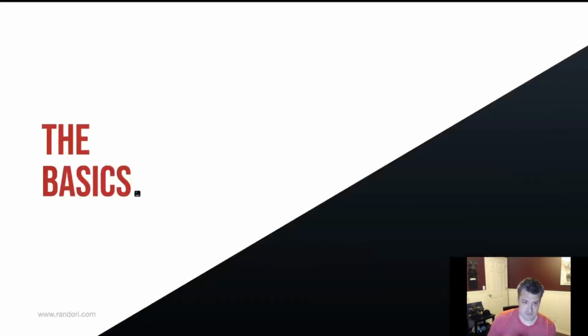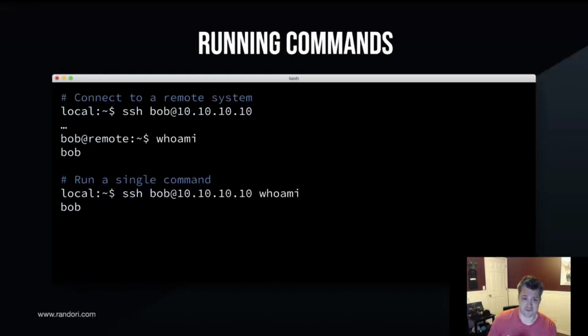Now let's go over some of the basics, or how you use SSH. The first example here is how I use SSH to just connect to a remote system. So let's say I have Bob's password, or maybe I am Bob, but more likely I have Bob's password. And Bob has an account on 10.10.10.10.